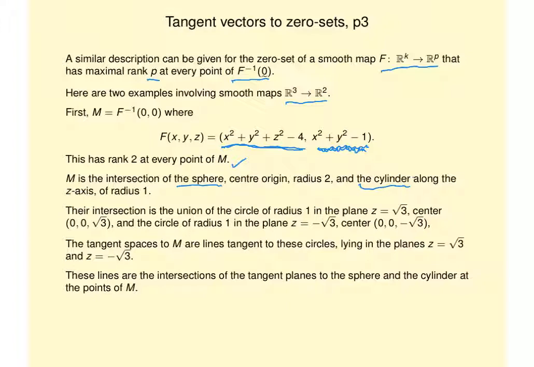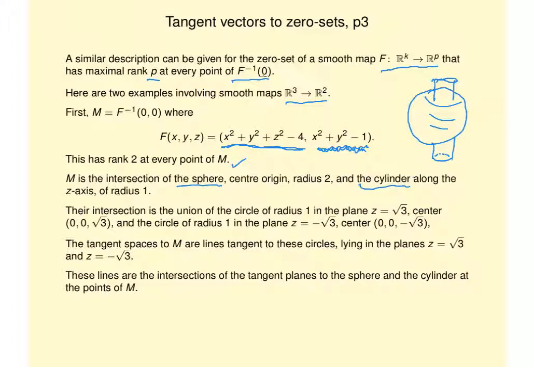And it's fairly easy to visualize. Imagine here's the sphere, and down the middle, this is perhaps not truly to scale, but you'll get the idea easily enough, there's the cylinder, and let's change colours briefly.